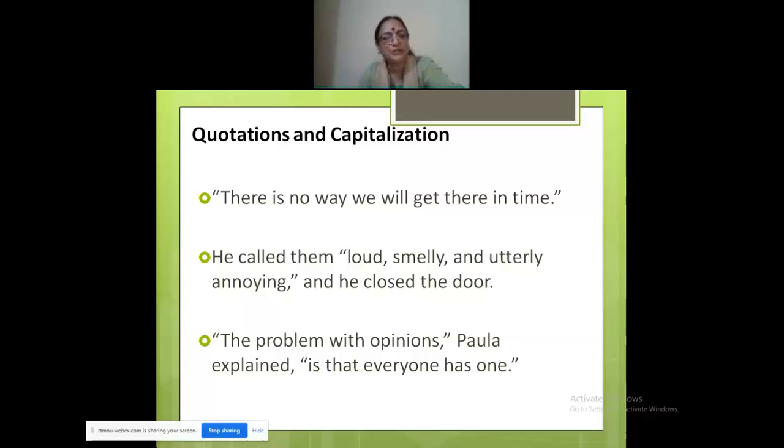The second rule is, if you are using a phrase, just a phrase, not a complete sentence, not a complete clause, then you need not capitalize the first letter.